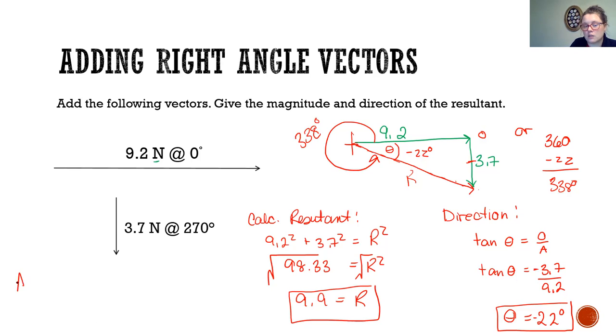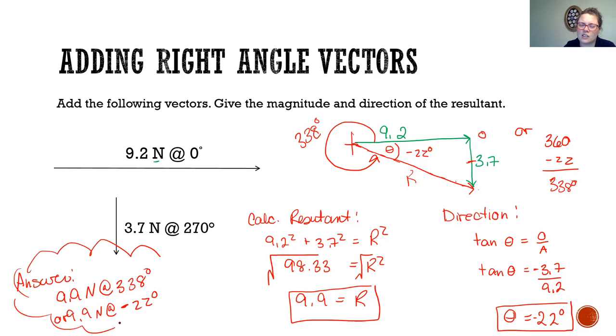So the answer, there's two ways you could say. We could say 9.9 newtons at 338 degrees, or 9.9 newtons at negative 22 degrees. So that's our final answer.